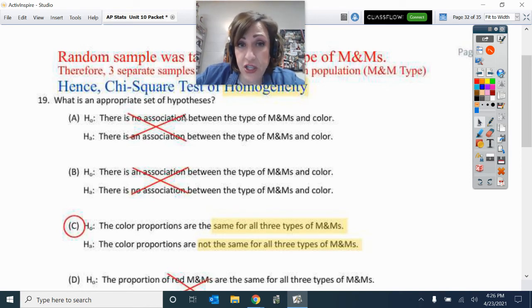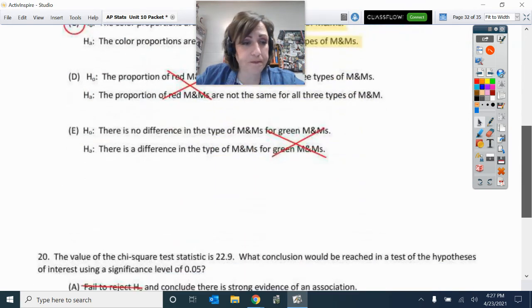They are independent of each other. So A is a correct way to write a null and alternative if this was a chi-squared test of independence. Okay. The other three were all wrong, but because it's homogeneity, C is correct.